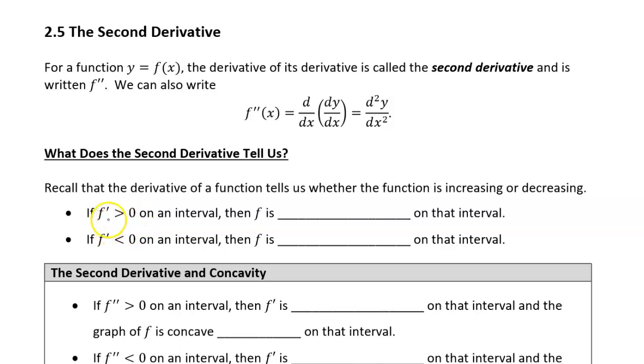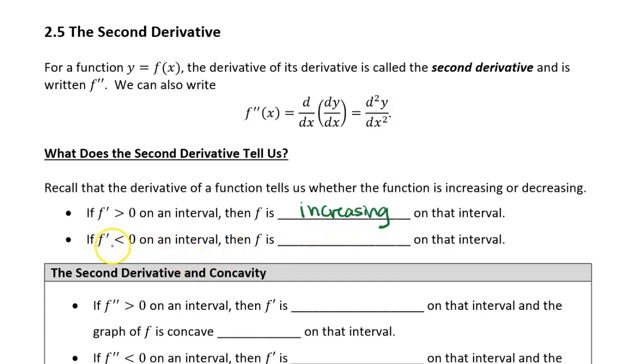Then this would be the change in y for a small change in x. And so if the derivative is positive, that means that y is increasing for an increase in x, so we say that f is increasing on that interval.